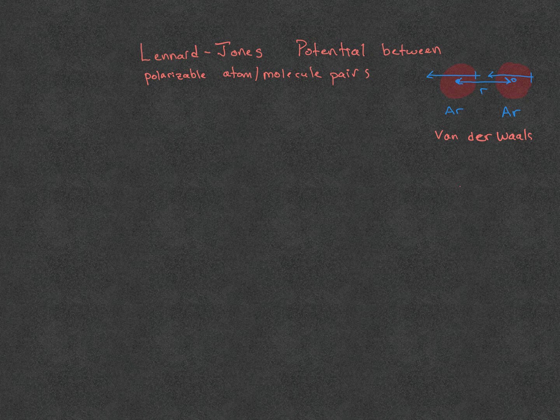I drew a little instantaneous dipole where, for example, maybe the electron density on the argon atom on the left rushes to the left side, creating a little positive region on the right side, and then that induces a dipole on the other argon. That's the idea behind van der Waals interactions: these two atoms polarize each other and have induced dipole interactions. Okay, so it's a very complicated interaction. It's not just the interaction between two charged particles.